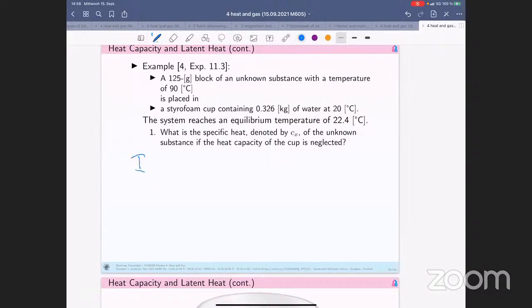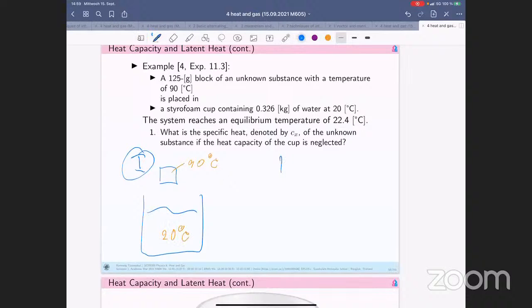The initial state: you have a cup of styrofoam and a piece of unknown substance. This one starts at 90 degrees Celsius, and this one starts at 20 degrees Celsius.